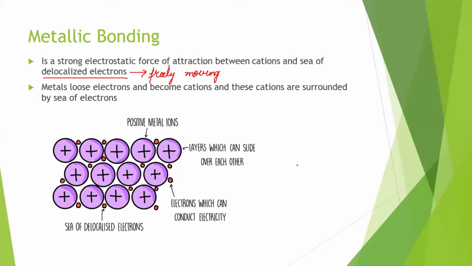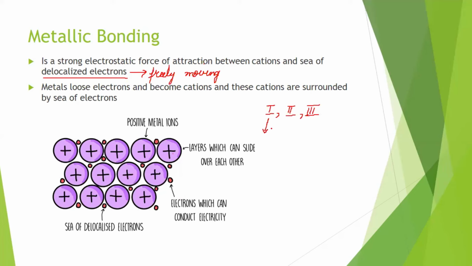First of all, we know metals belong to either group 1, group 2, or group 3. So they would have 1, 2, and 3 electrons in their valence shell, and they tend to lose electrons.